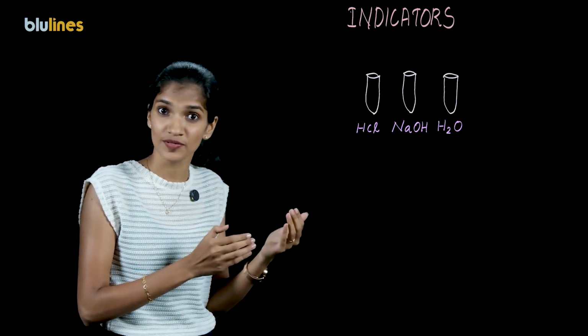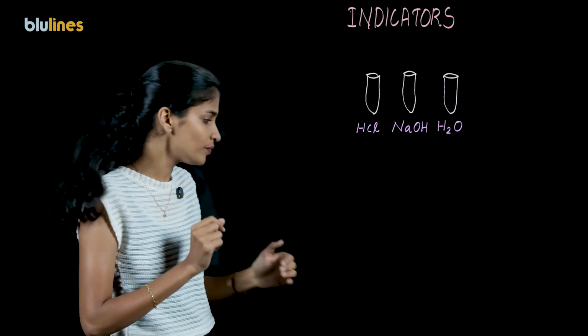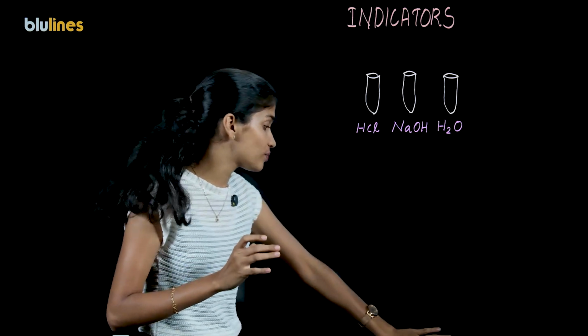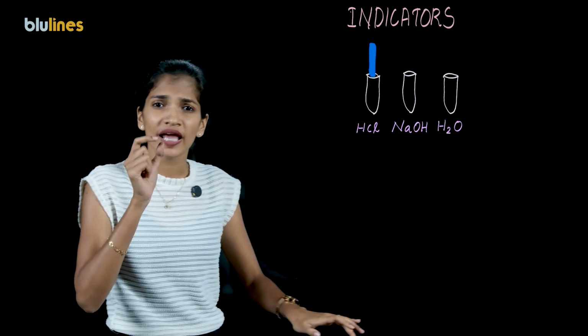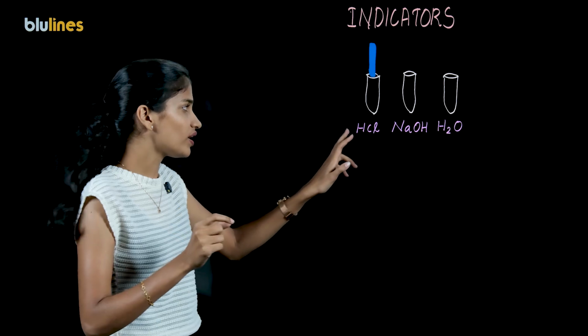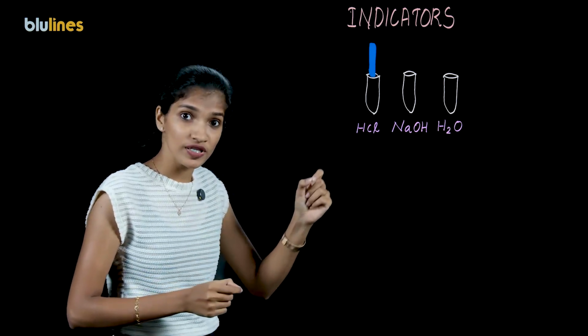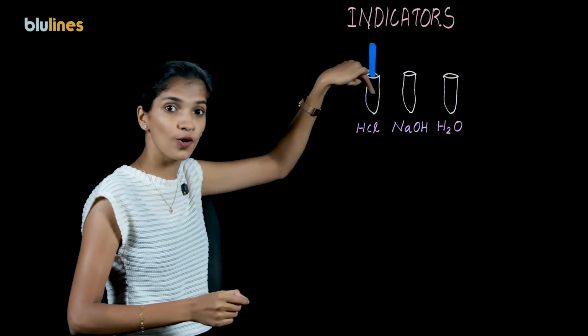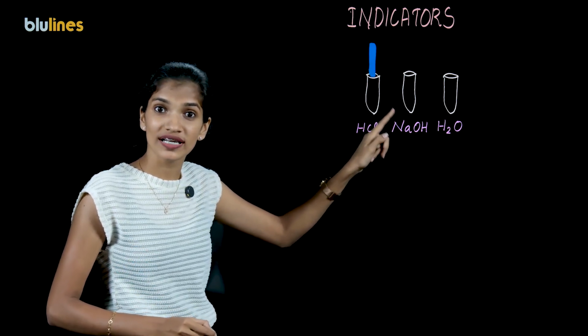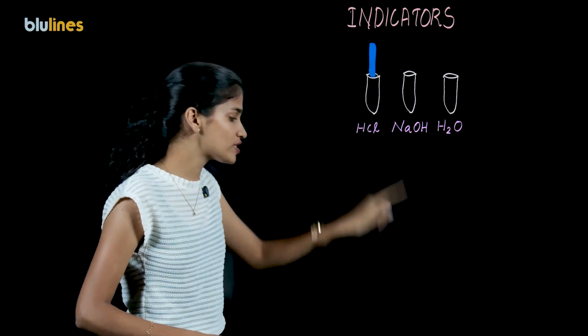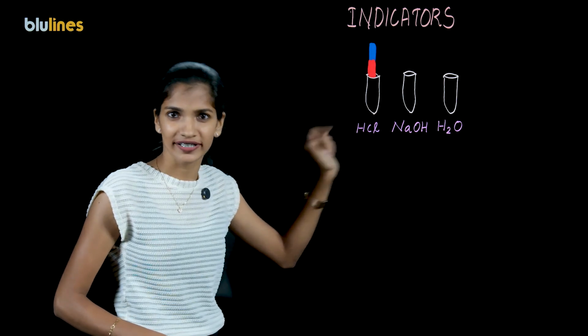So here, in order to make you understand how we can detect the acidity or basicity of a particular substance by using a litmus paper, I am taking a blue litmus paper and I place it in hydrochloric acid solution. When it is dipped in this hydrochloric acid solution, obviously the blue color of the litmus paper will change to red color.